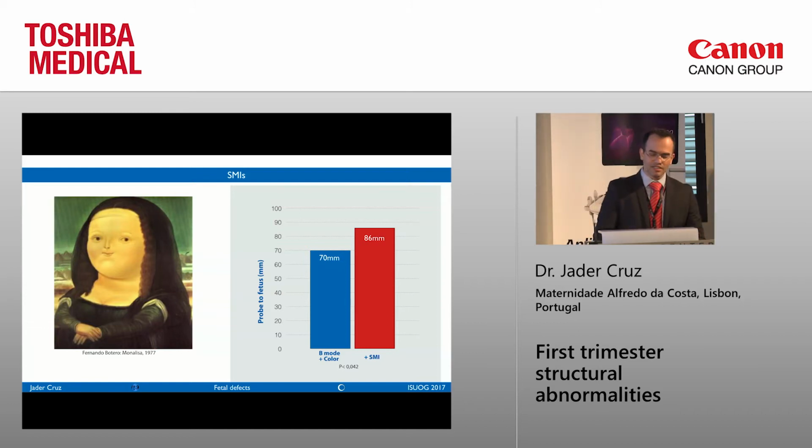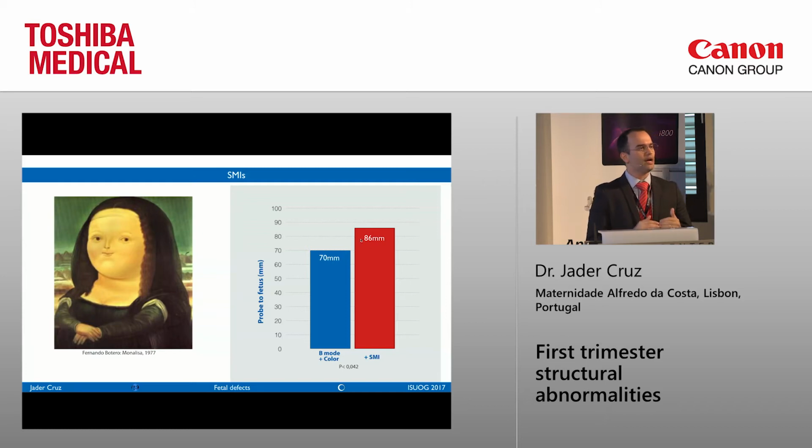Yes, this is tricky. We measure the distance from probe to the fetus, and then we consider if you can look at all the structures that we should look at in the heart, and that's the average distance from probe to the patient that you can see all the structures without SMI. And the average distance is 70 millimeters, 7 centimeters.